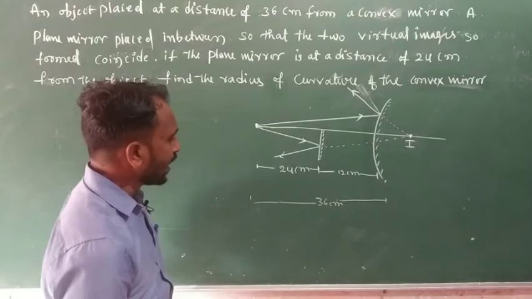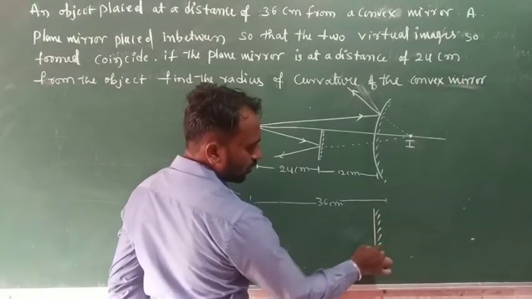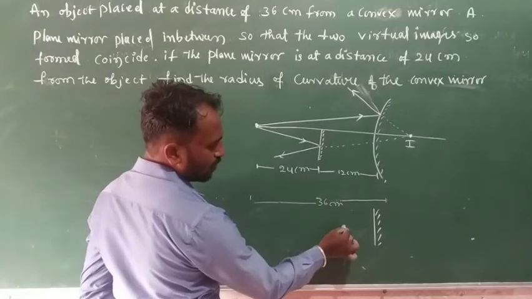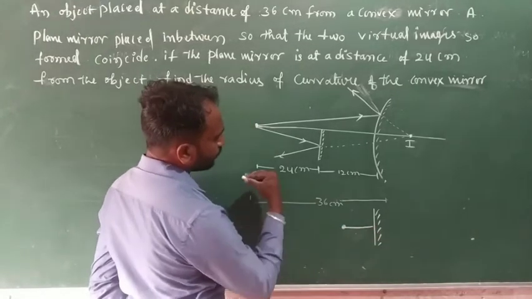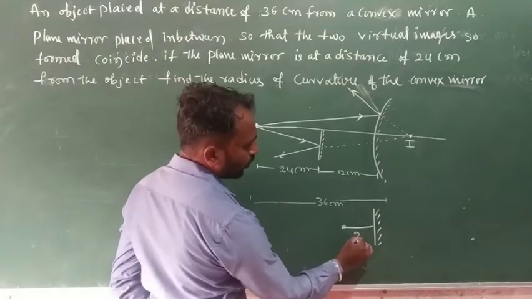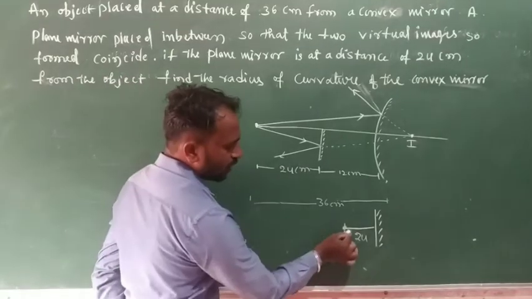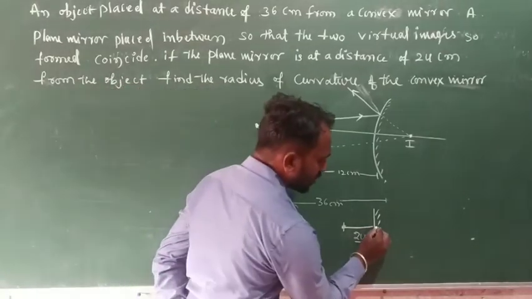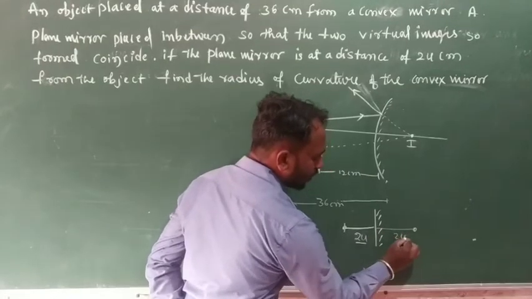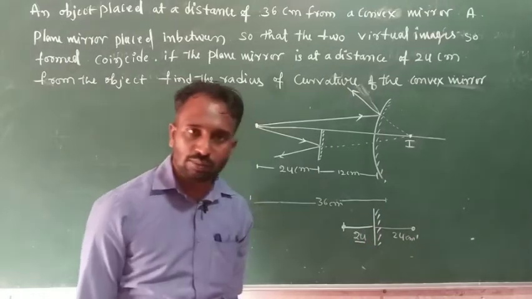You already know that in a plane mirror, suppose this one is the plane mirror and this one is the object. The object is placed 24 centimeter from the mirror, and the image distance is also 24 centimeter. Yes, object distance is equal to image distance.